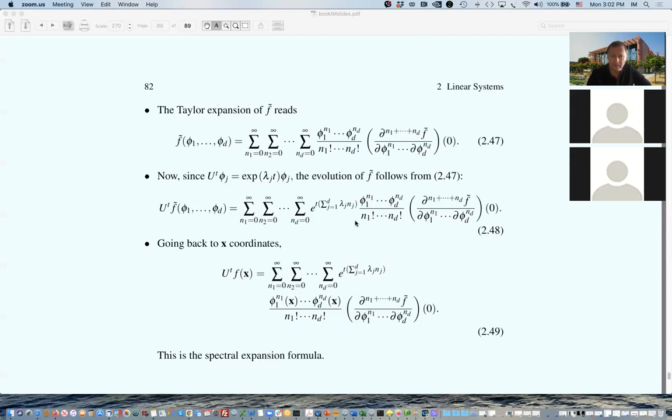And now you see that the eigenvalues here are the sums of original eigenvalues of the linear matrix. So these ones we call the principal eigenvalues, lambda_1 to lambda_d, and they are multiplied by integers n_j that are positive or 0.